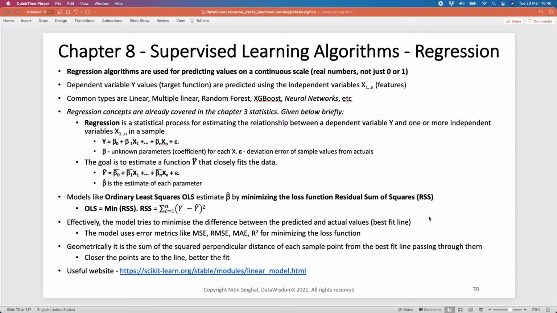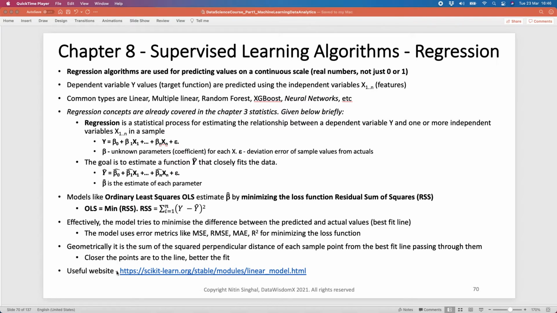Geometrically, if you draw a line through your set of points, where the line represents the output predicted values, you're trying to minimize the distance between those line points and the actual values. The line will be through the predicted value points, and there's a scatter plot of the actual inputs. We'll show you that now. So you want to get the line as close as possible to those values.